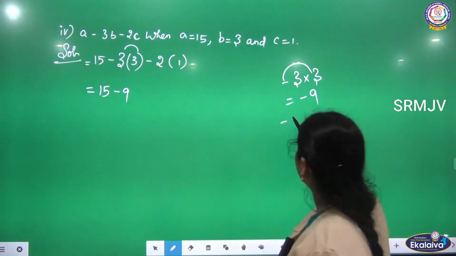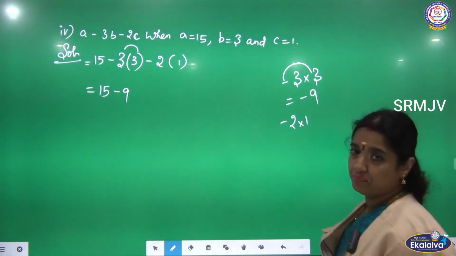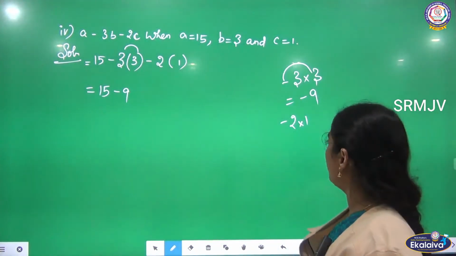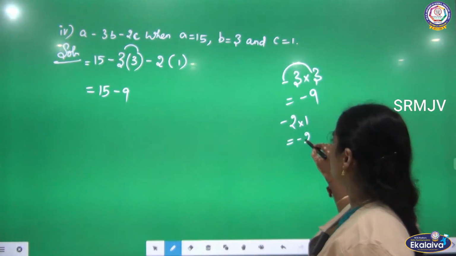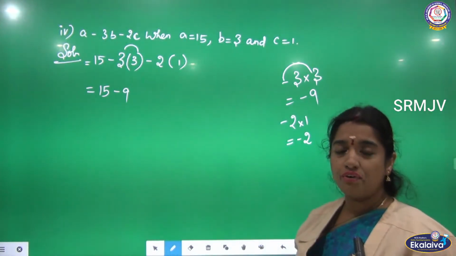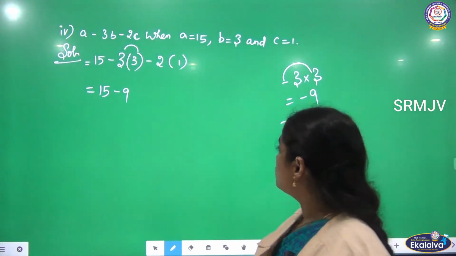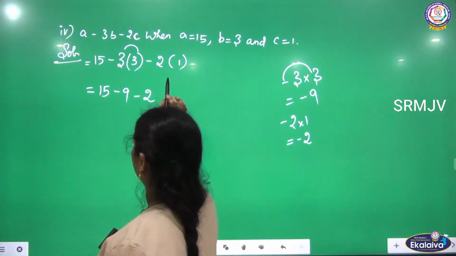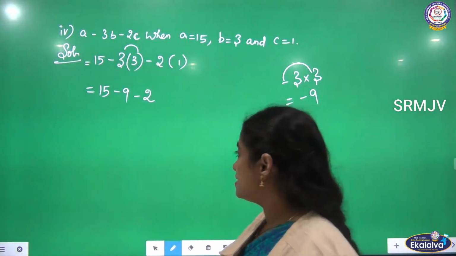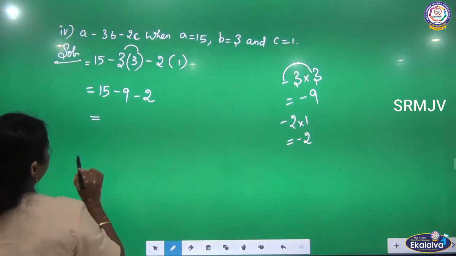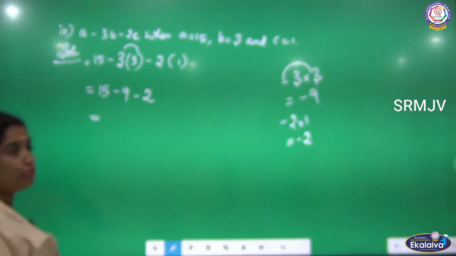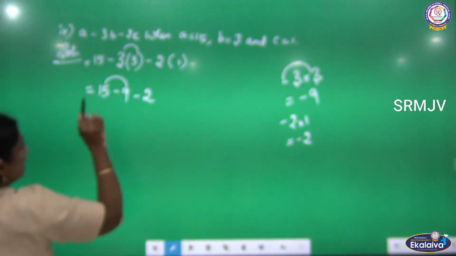Same thing, minus 2 into 1. What is that? Minus 2 into 1 is minus 2, alternate sign, so negative sign. Okay, so minus 2.